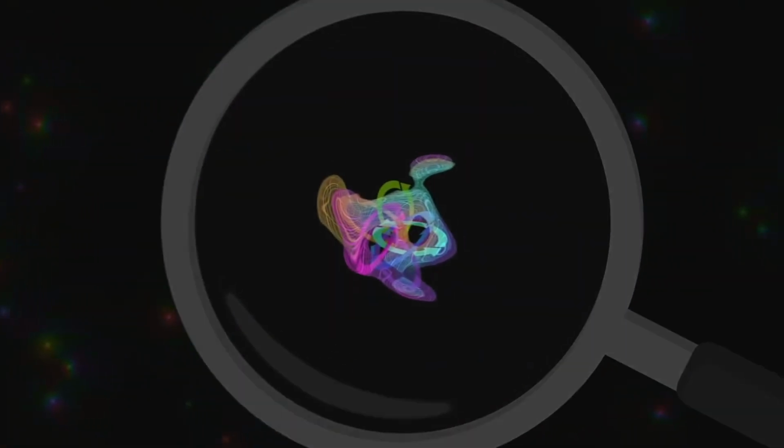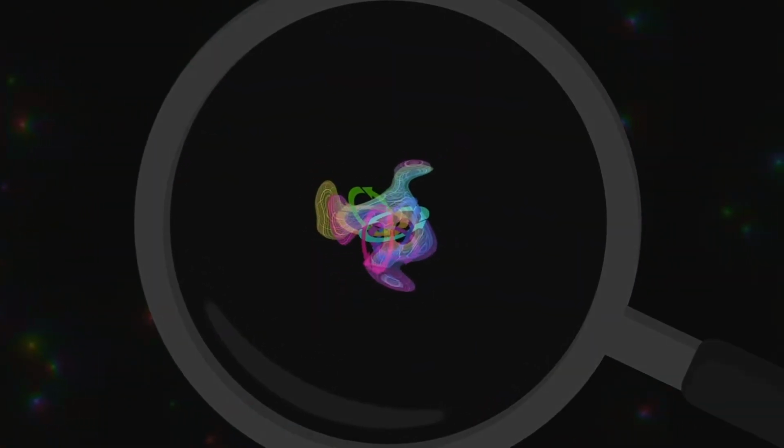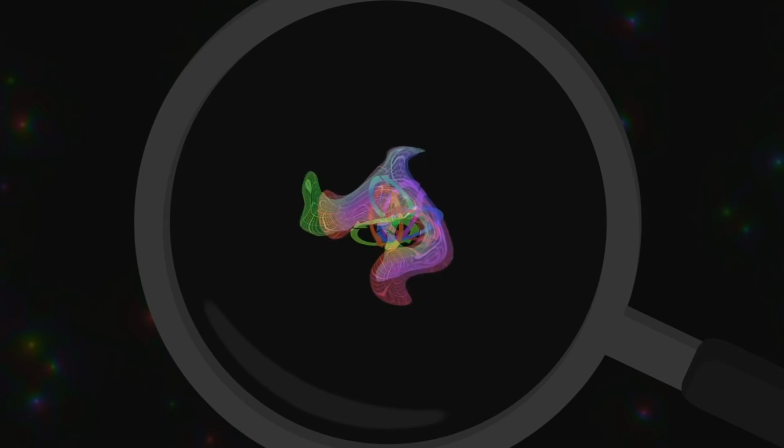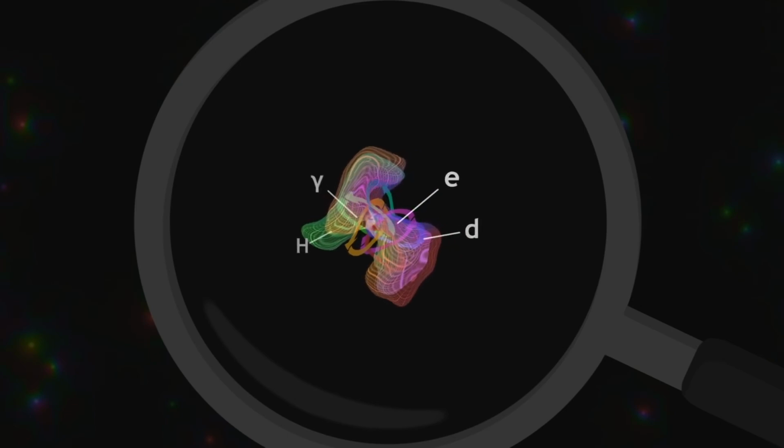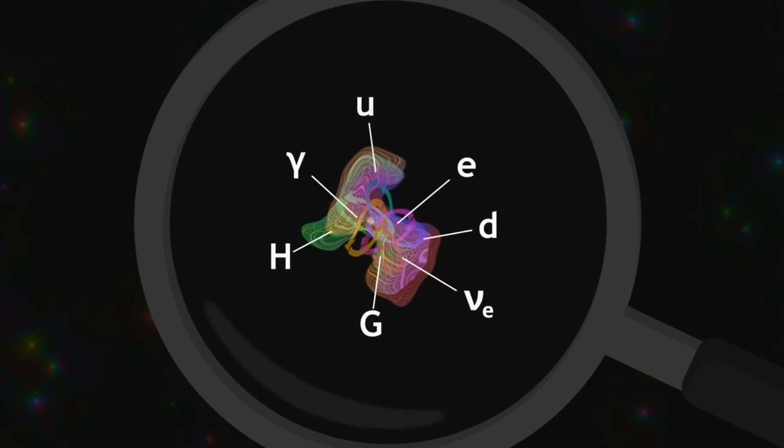By carefully choosing the way in which these 6 dimensions are compactified, we can adjust our description so that it predicts the same particles as those we observe in our world.